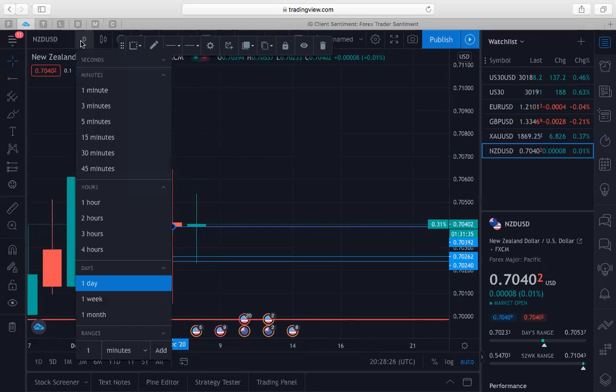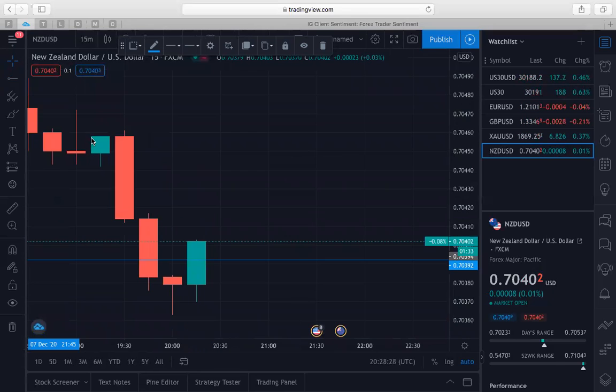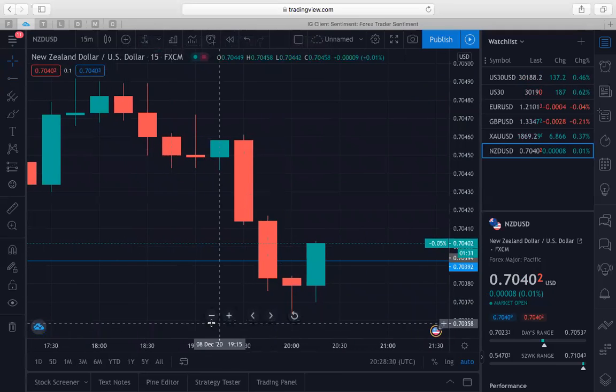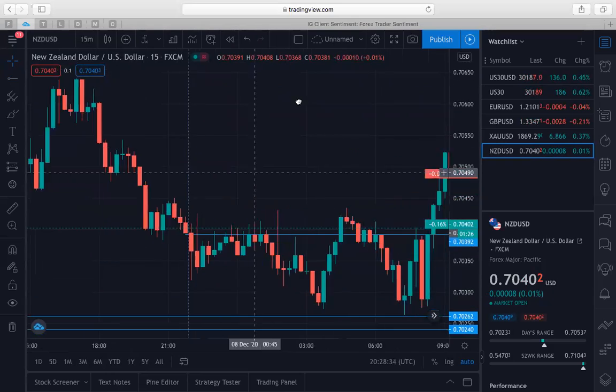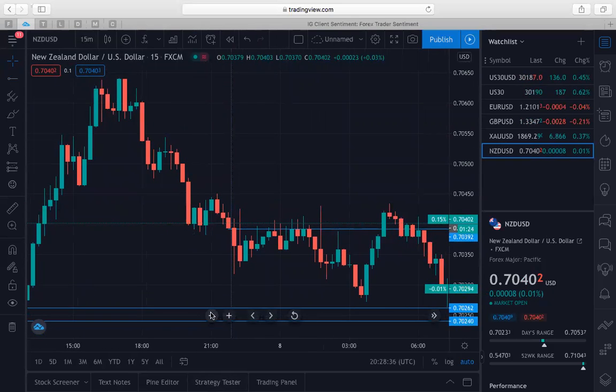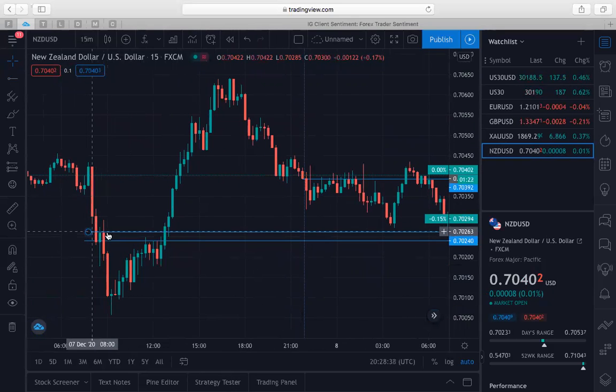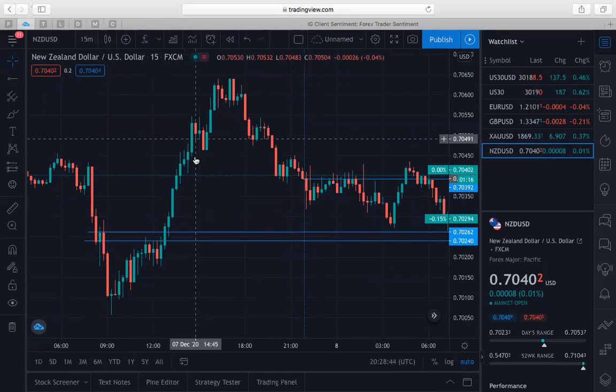So what I did was come to my 15 minutes time frame from the day open. I went back to the previous day on the 15 minutes and I took this zone here. So you could see sell, and you could see one zone. Now, if you check here, you could see the same thing.